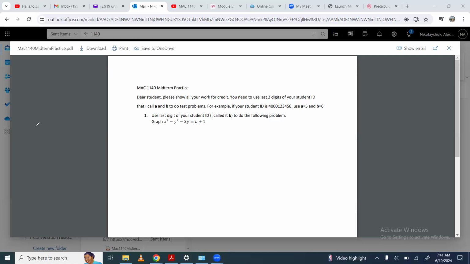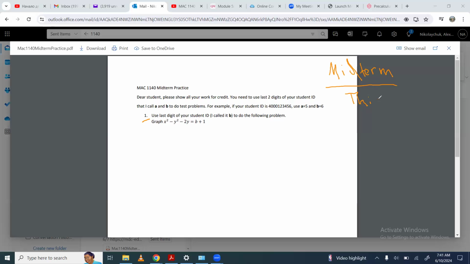And it will be in the same form, but there will be two problems. There is a problem number one here, and there will be a problem number two. I had to change computer, so getting used to it a little bit. The midterm will be this Friday.